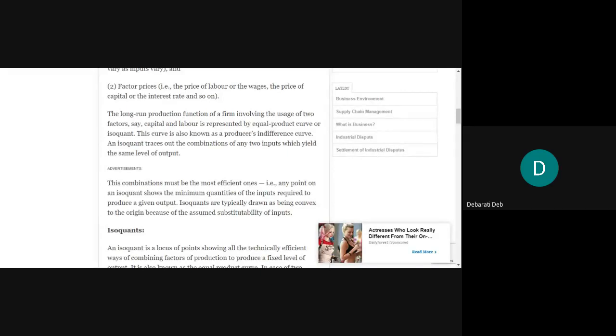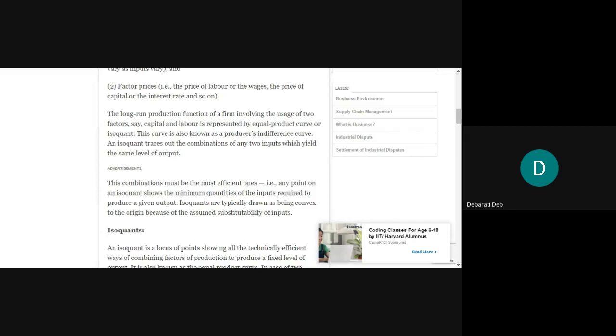So what is the isoquant curve? The long run production function of a firm involving the usage of two factors such as labor and capital is represented with the help of the equal product curve or isoquant curve. This curve is also known as a producer's indifference curve, as the isoquant traces out the combinations of any two inputs which yield the same level of output.